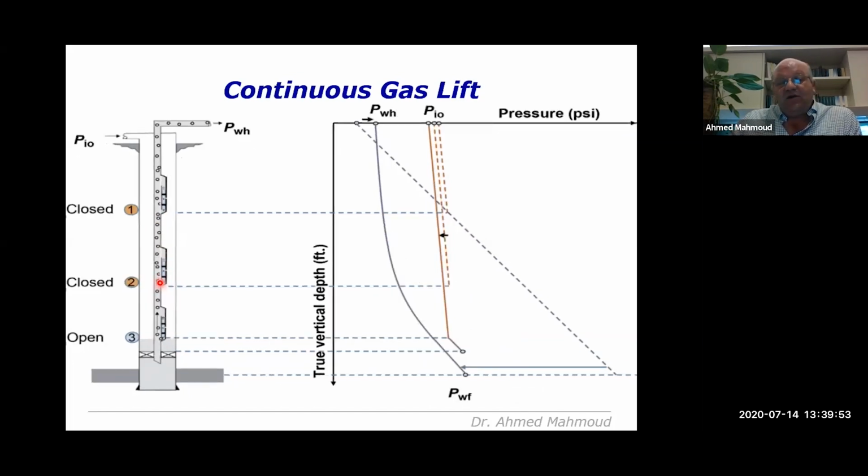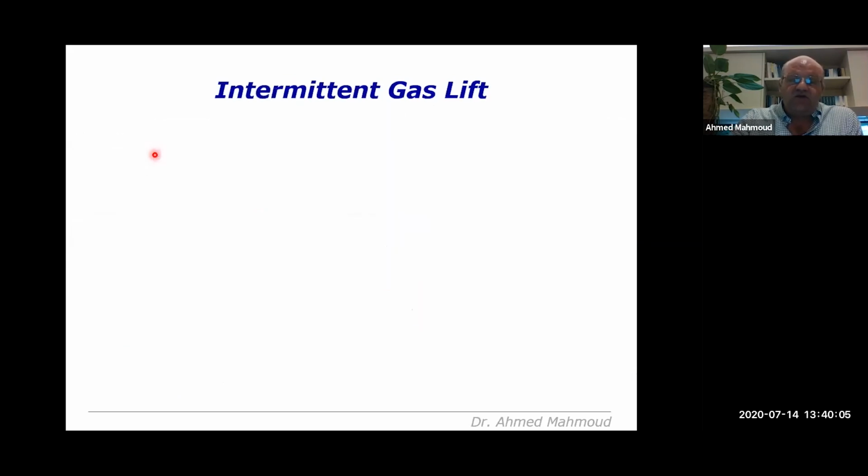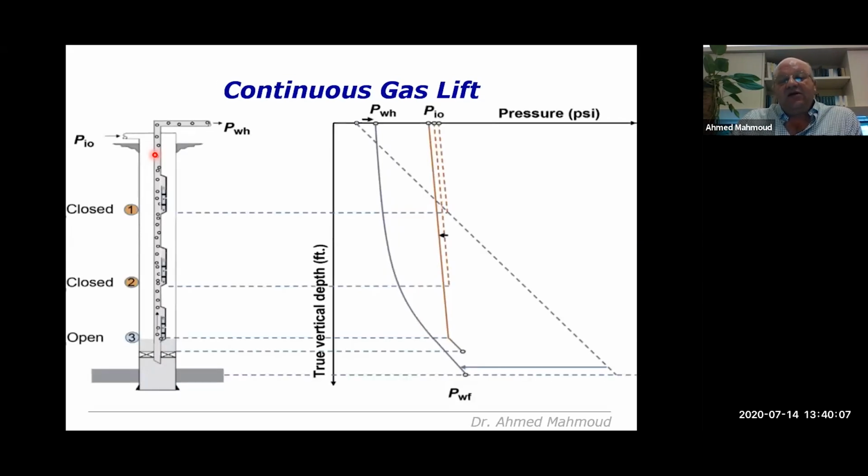I will keep on injecting gas into the annulus until the lowermost valve opens. When the lowermost valve opens, it will reduce the hydrostatic head all the way throughout the tubing. I will have reached my optimum point where the first valve has closed, the second valve has closed, and the bottommost valve will stay open, and it can stay open for a very long time, because this is now the name of the game.